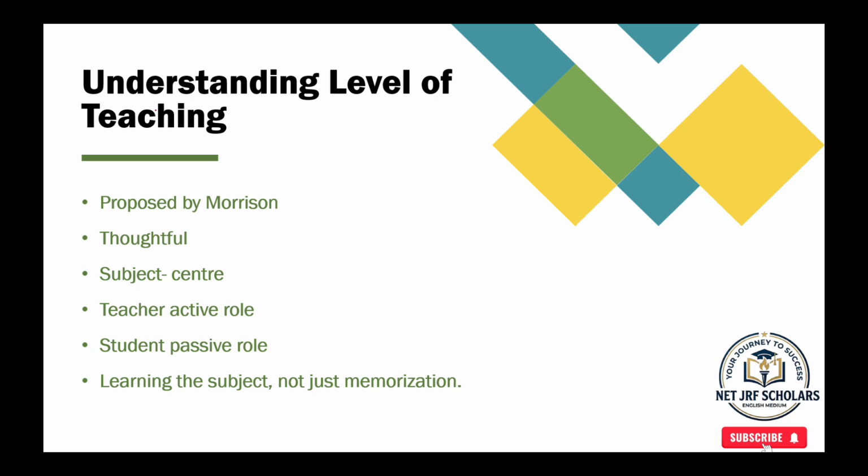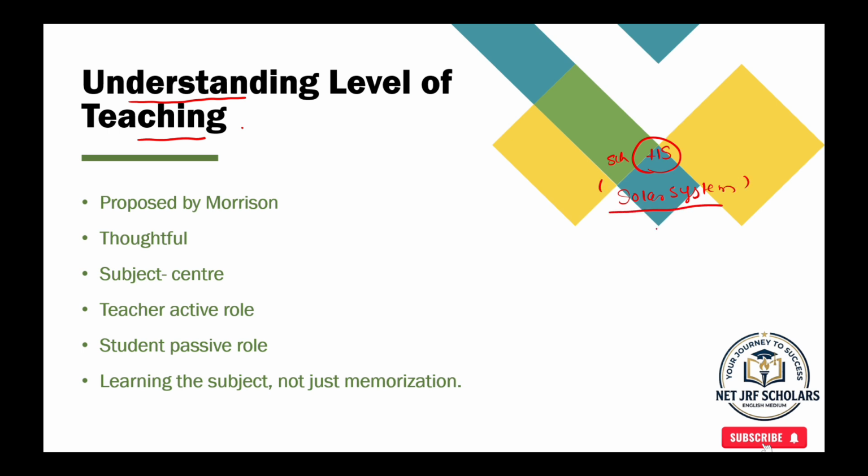The next level is the understanding level of teaching. Now, when the child grows from school to higher secondary, the same concept of the solar system comes again into the picture.